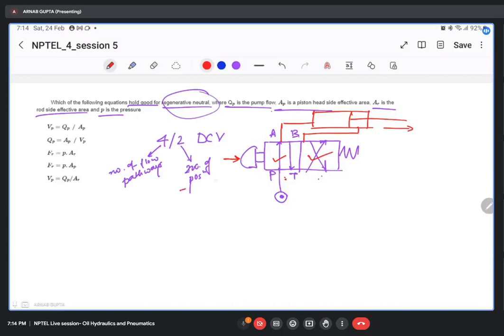By configuration, I mean the positions. There is no such position that will hold your extending or retracting function of the double acting cylinder. So for that reason, we introduce another position in between, that is called the neutral position.